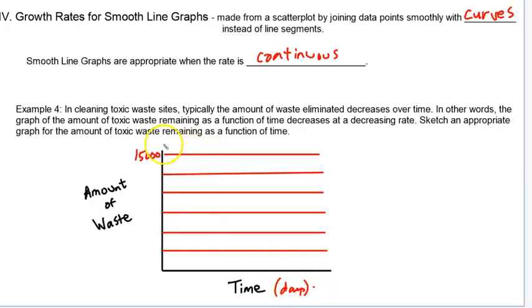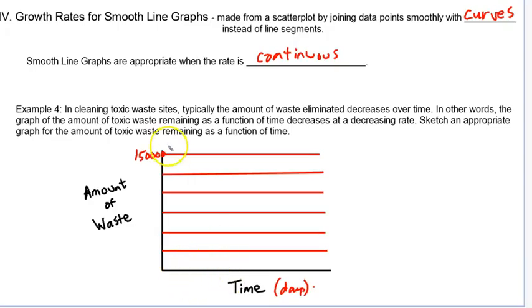So just to give us a little bit of context, at the beginning of our removal process, at time 0, there was 15,000 tons of waste that needs to be removed.